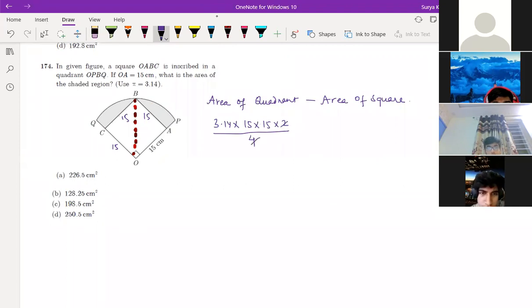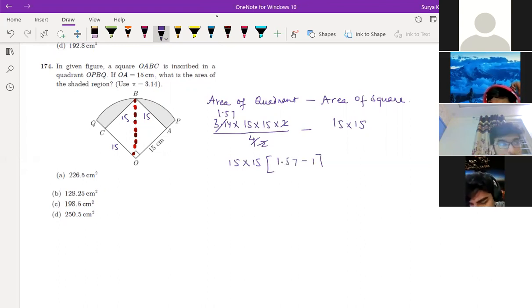So 2 2s are 4 and 2 again will cancel with this. 1.57, correct? 1.57 minus area of square, that is 15 into 15. Now in both parts you can take 15 into 15 common and write it as 1.57 minus 1.